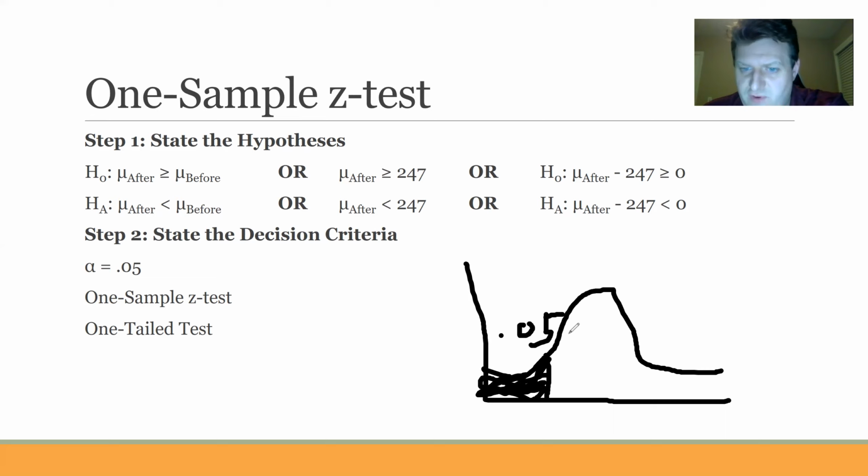If so, we'd have to put half the rejection region over here, half over here. Since we have a directional hypothesis, we can put all of our type 1 error on one side of this distribution. So what is the special z-value such that only 5% of people would score lower than that just due to chance?